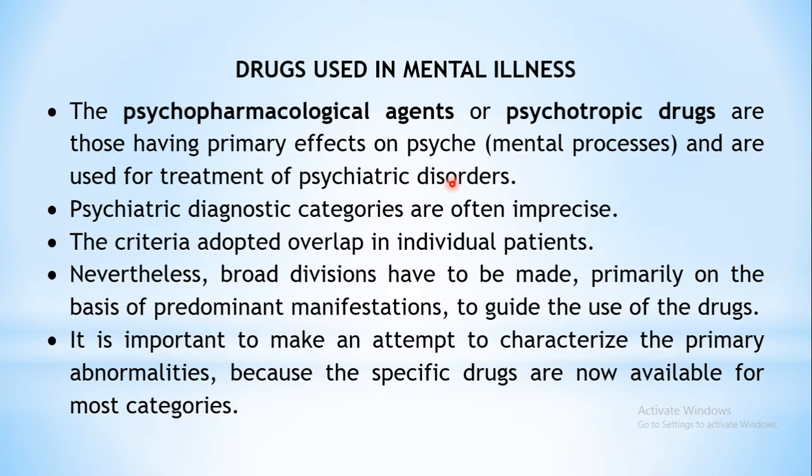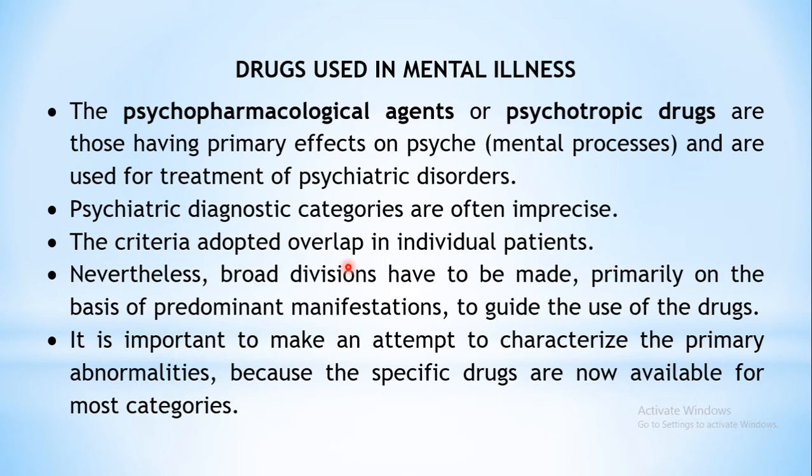If you consider the diagnosis of these psychiatric disorders, it is generally imprecise and there is quite a lot of overlapping. There are no symptoms with a clear-cut demarcation between two conditions.